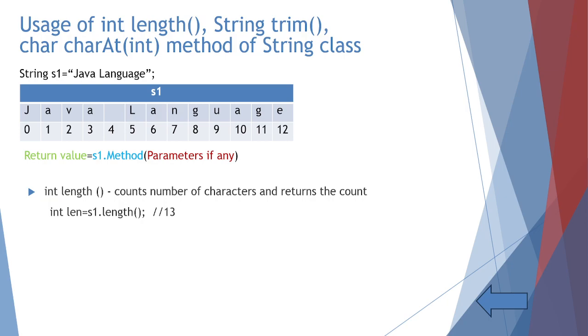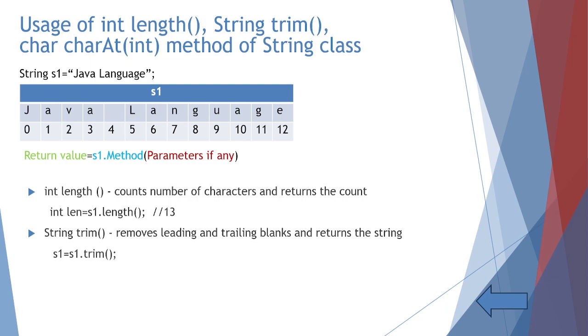What does length do? Counts the number of characters and returns the count. So how do we use it: int len = s1.length. Go to the s1 area, find the length. It's an instance method, so we are using the object.